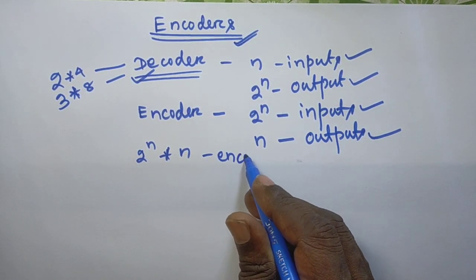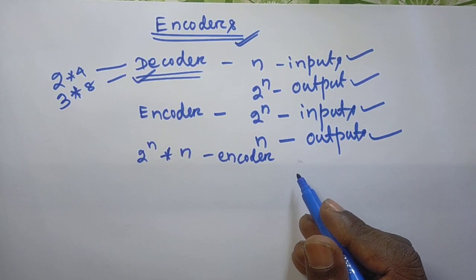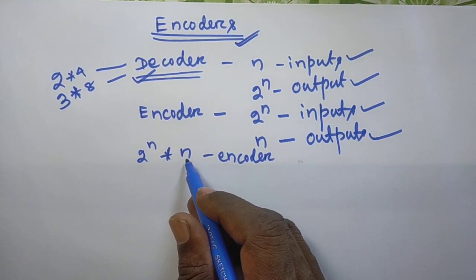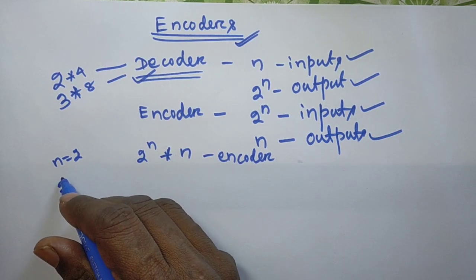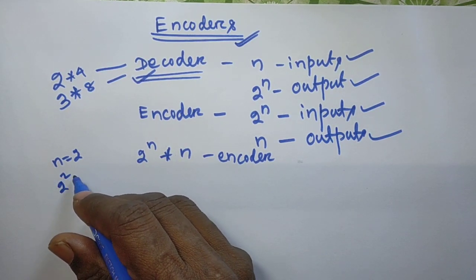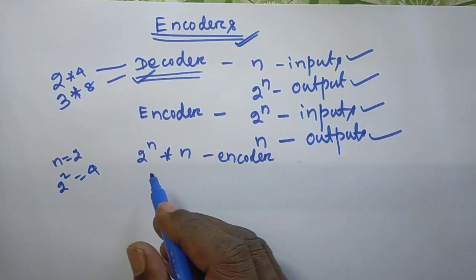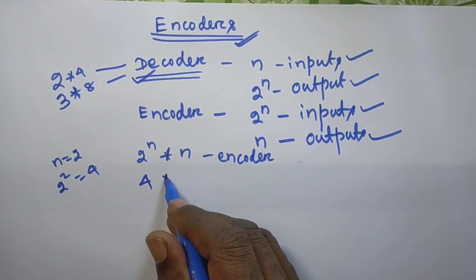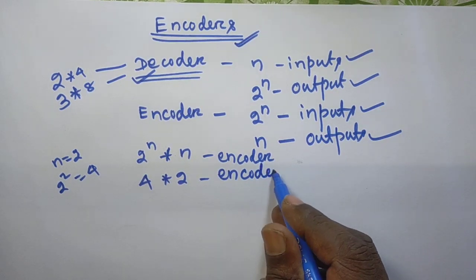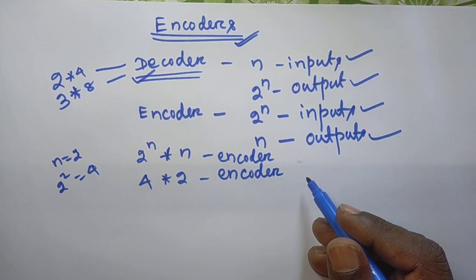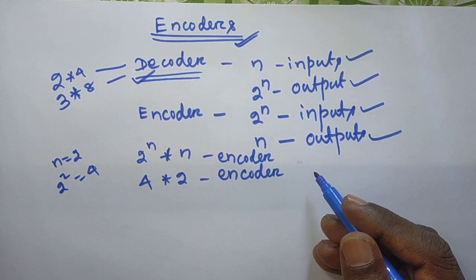If n is 2, then 2 to the power 2 is equal to 4. That means we can call it a 4 into 2 encoder. This is the best example.